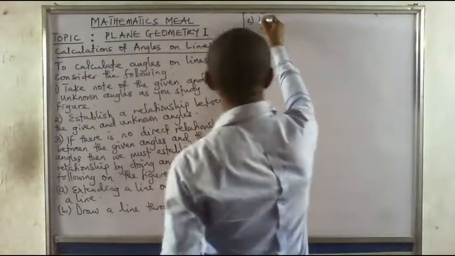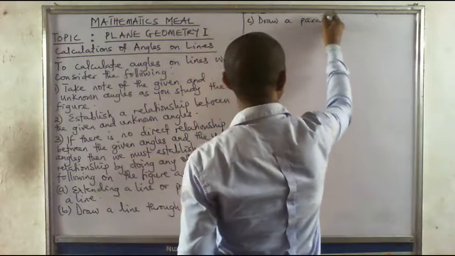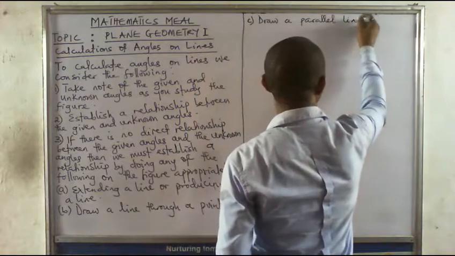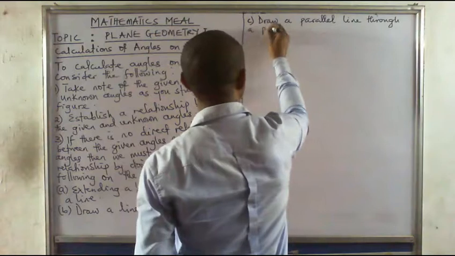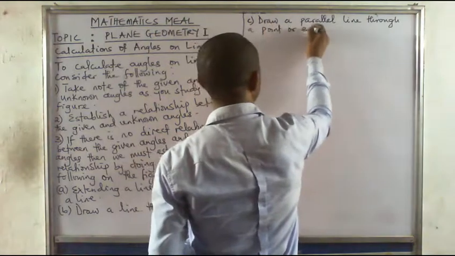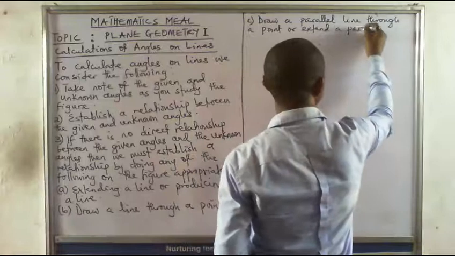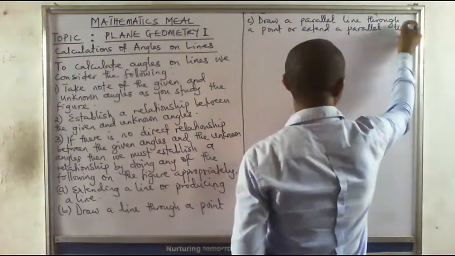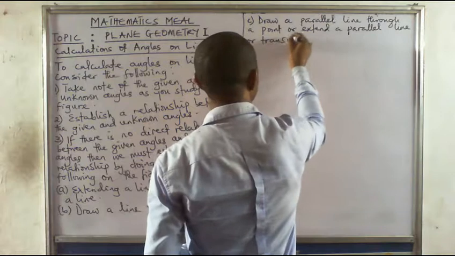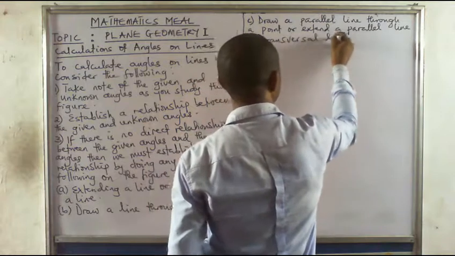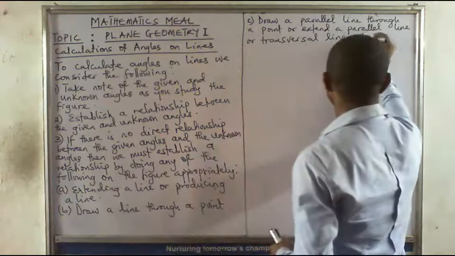We can also draw a parallel line through a point, or extend a parallel line or transversal line, and so on and so forth.